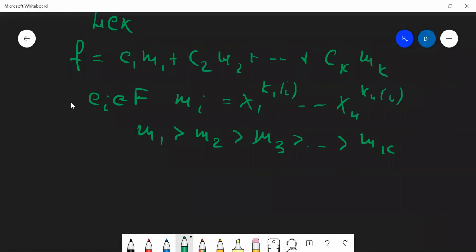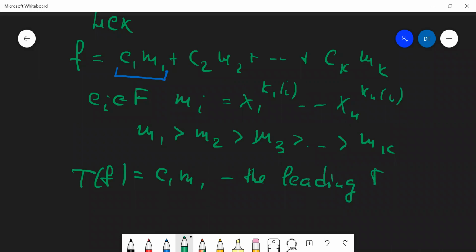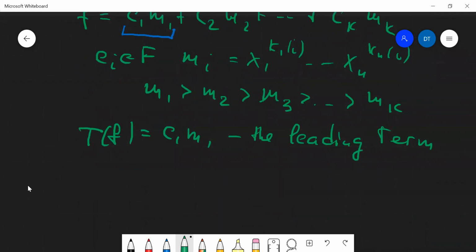Okay, in this case, I have a special name for this. The highest possible monomial multiplied by the corresponding coefficient is denoted by lt of f, and it's called the leading term. The coefficient c1 is called the leading coefficient. This is denoted by lc of f.